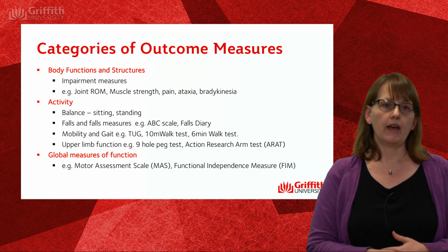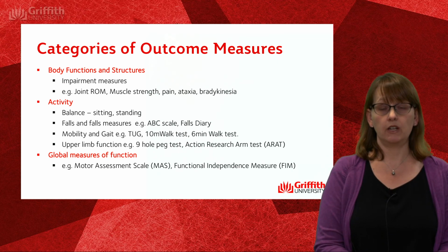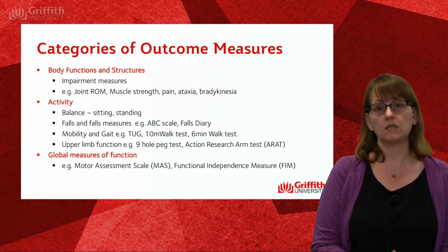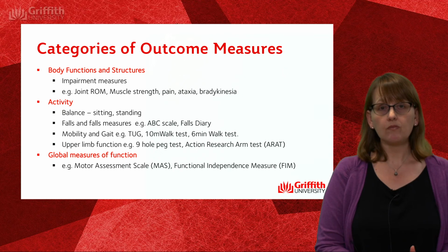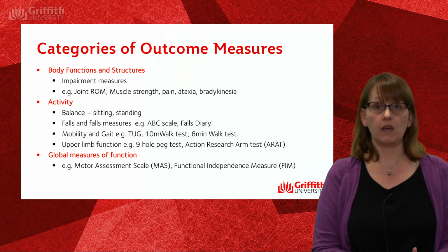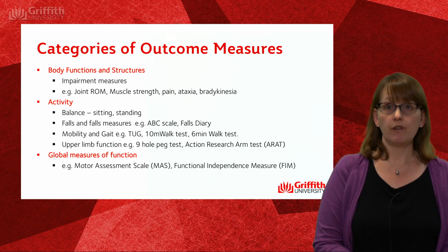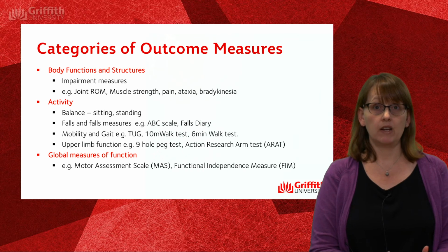So if we're thinking about our outcome measures, we can put them into different categories of what we're actually measuring. The majority of physiotherapy measurements that we use will be assessing aspects of patient function across all domains of the ICF. So we can look at body functions and structures, so things like impairment measures such as joint range of motion, muscle strength, pain, ataxia and bradykinesia.